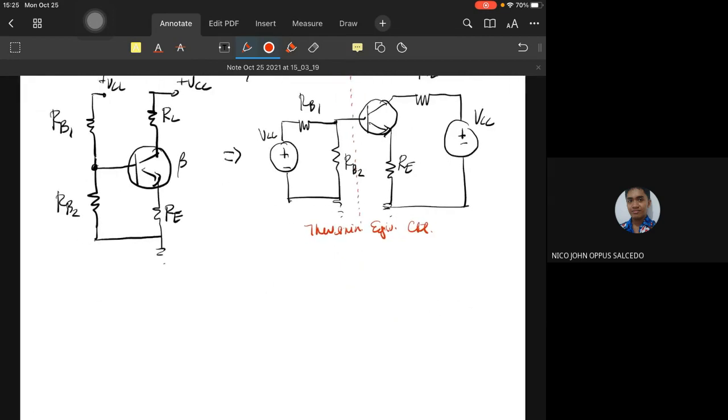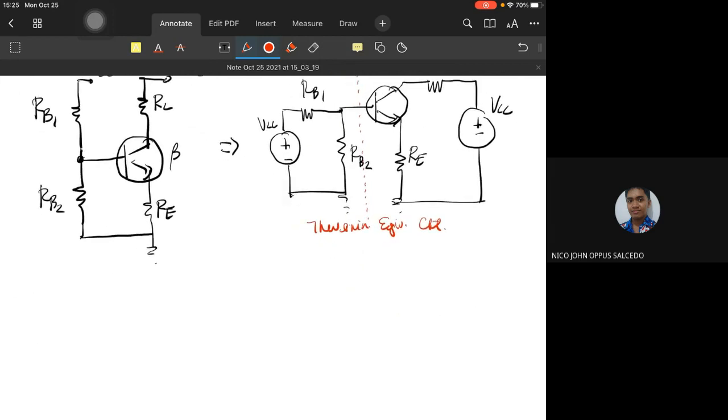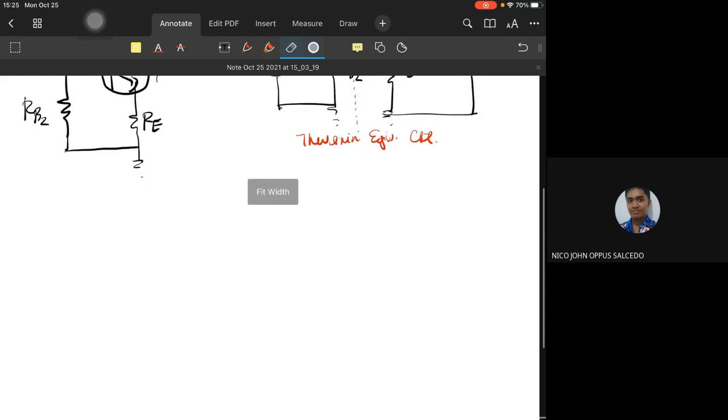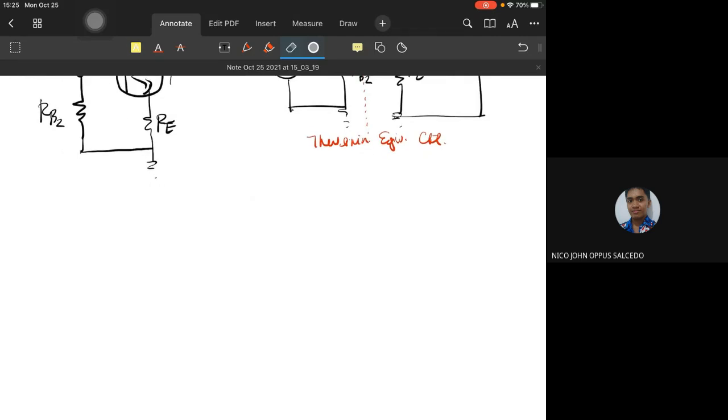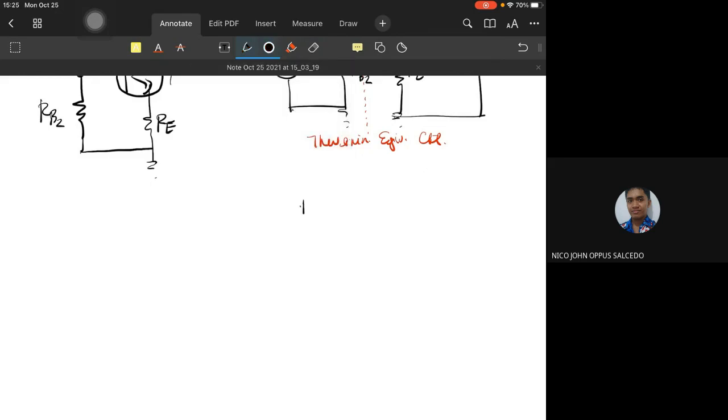But don't worry, sayon na kaayo ang equivalent circuit. No? It looks like this. Remember that when we convert a circuit into its Thevenin equivalent, ma-convert ang atong circuit in question into just one voltage source and one resistor. Sakto?